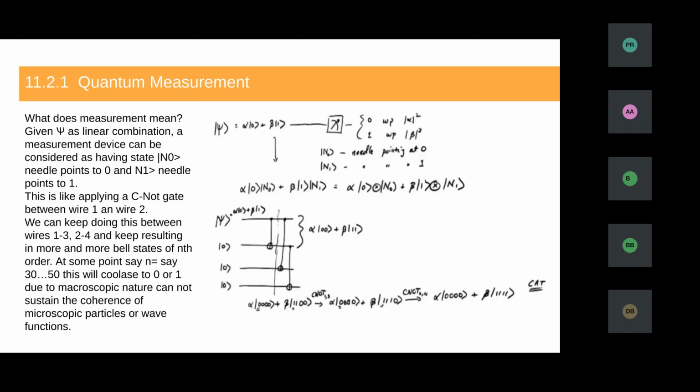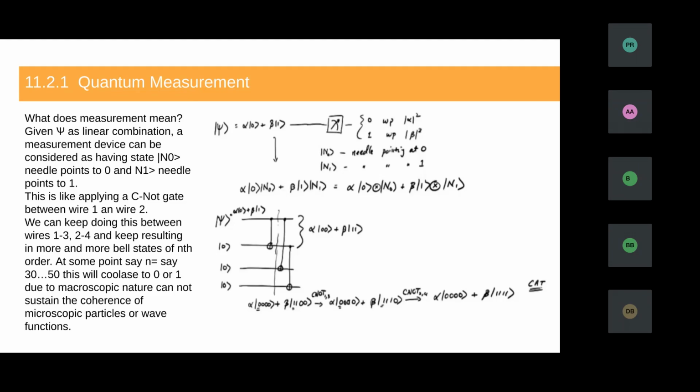And so you can keep on applying CNOTs n number of times, and you can keep on getting maximally entangled states. This is not limited to just 2 qubits. It can be taken to, not infinity, but rather a finite number of qubits. Now, how many is finite? Because this is micro, and subatomic particles are in a certain state.